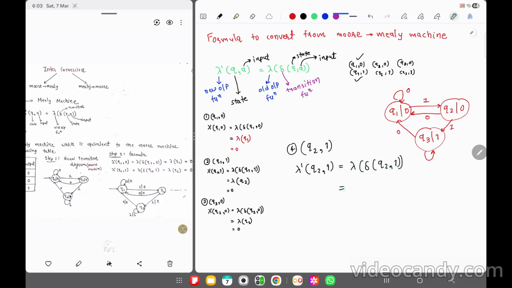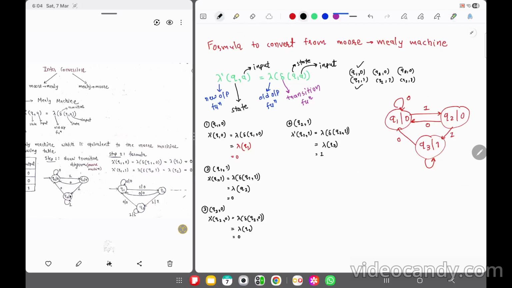From the transition diagram, if we give Q2 the input 1, we go to state Q3. We write λ(Q3), and the output of Q3 is 1. So we write 1. Now state Q2 with inputs 0 and 1 is done.